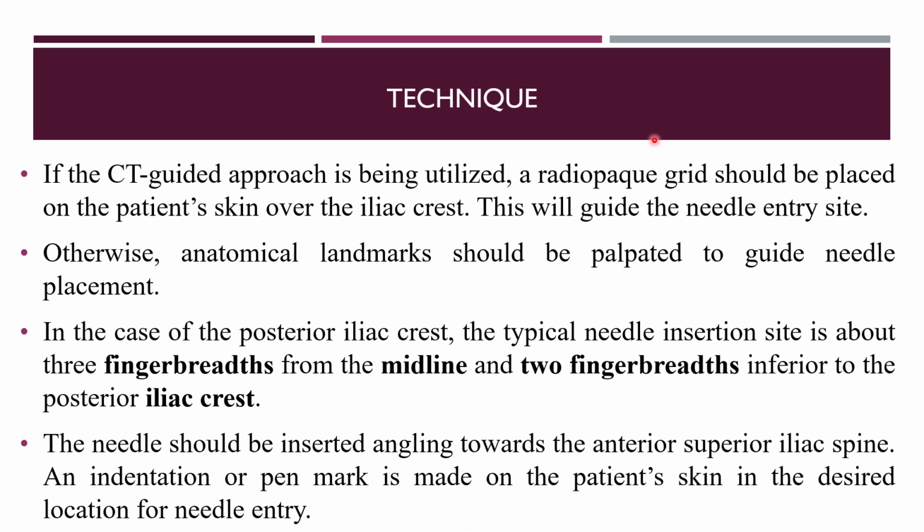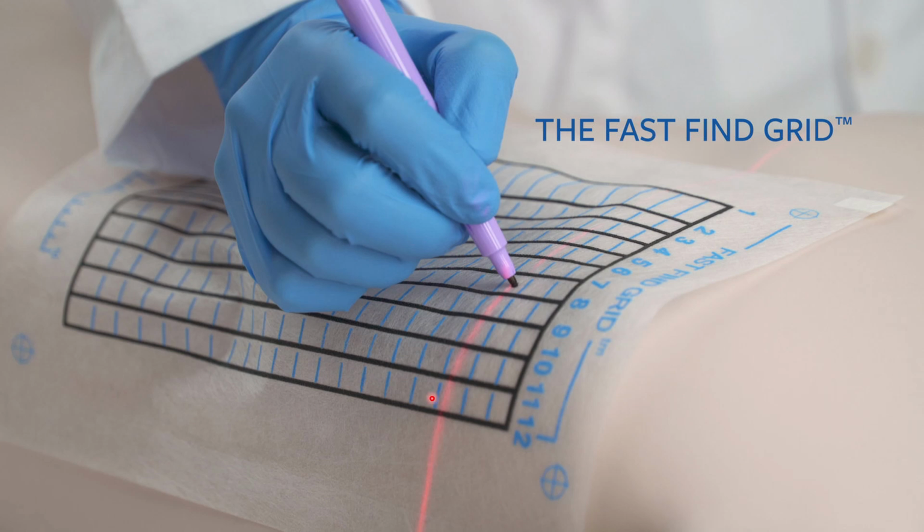Okay. So this is the grid radio plaque I was talking about, and it can also be called a fast to find grid. In this, the doctors will locate the iliac crest, and then at that specific location, the insertion will be made.